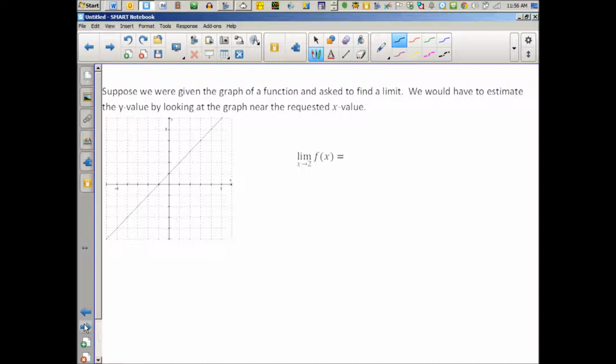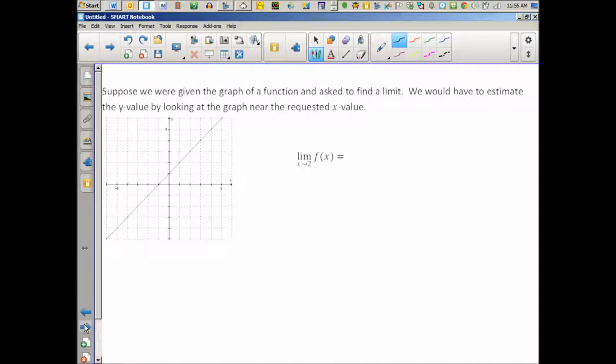Which of these 4 do you not have? What do you need? Okay, there's another sheet that says there are some cases where a function's limit doesn't exist. You don't have that one? You need that one? It only has 3 pages. Somebody only has 3. This is for Ashley? Pass it all back.